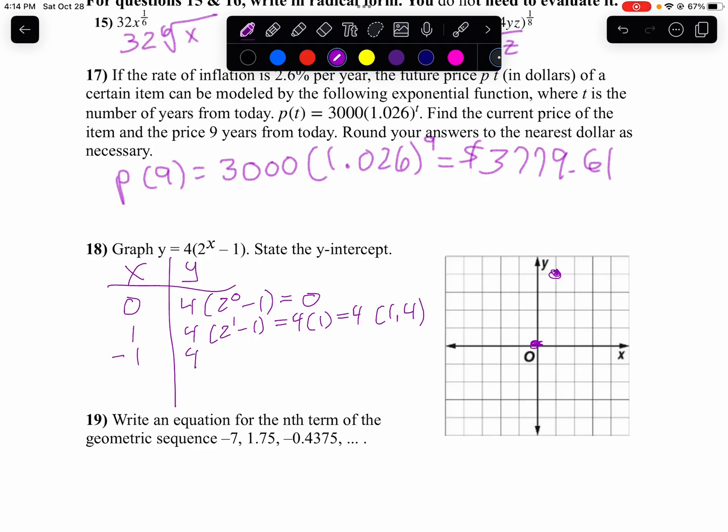So I'll go 4 times 2 to the negative 1 power minus 1. Well, 2 to the negative 1 is 1/2. 1/2 minus 1 is negative 1/2. So half of 4, that'll be negative 2 then, won't it? So I'm going to graph negative 1 and negative 2.